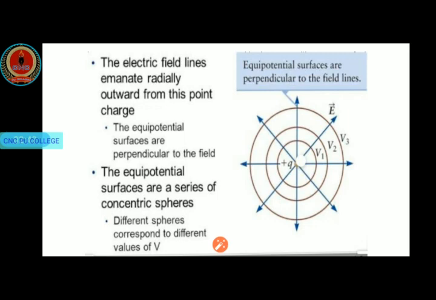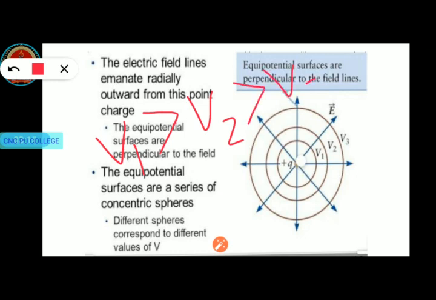The equipotential surfaces are a series of concentric spheres, the representation for a unit test charge, a point charge. Different spheres correspond to different values of V, and here V1 must be greater than V2, which must be greater than V3.